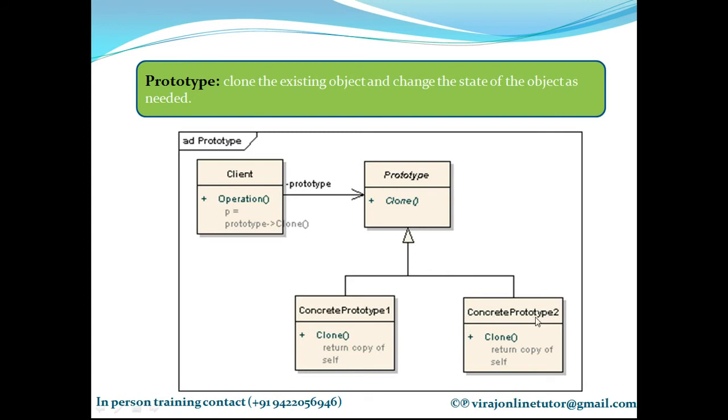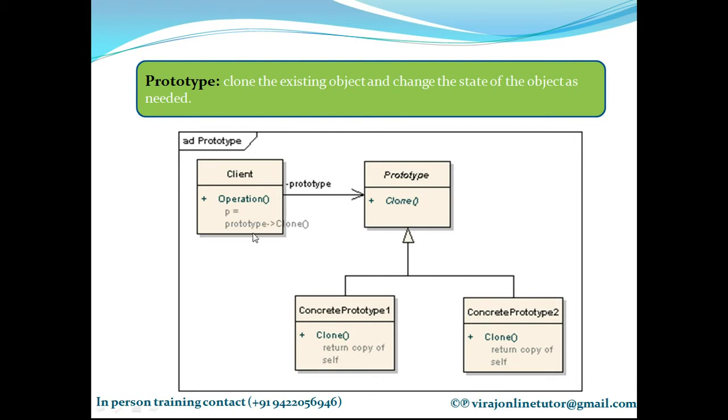What does concrete prototype 2 do? The clone function in concrete prototype 2 again returns a copy of itself. So these are the two different concrete prototypes inheriting from prototype, and the clone function of each of these classes returns a copy of itself.